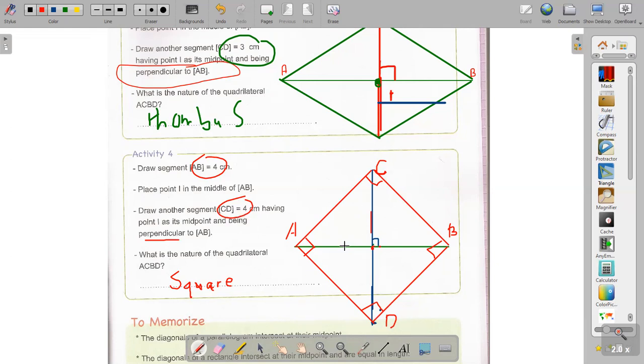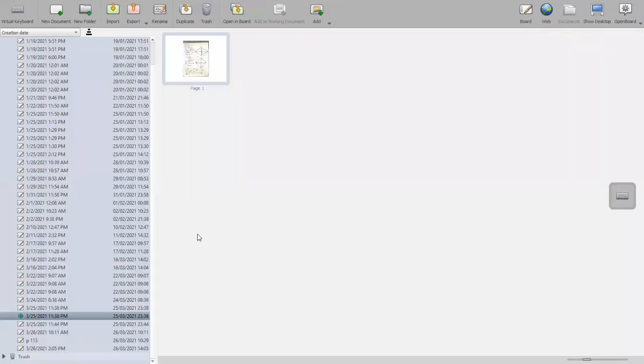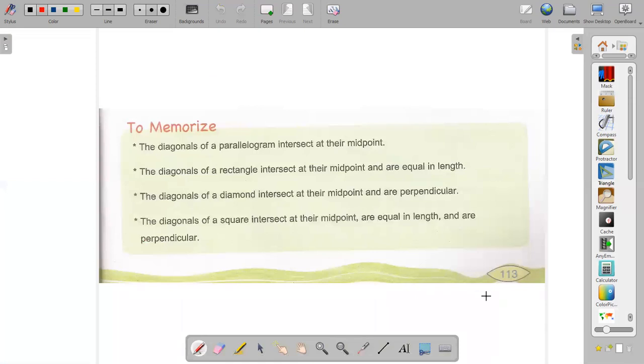So the diagonals of the square have more properties: they intersect at a midpoint, are equal, and are perpendicular. Okay, please, you have to study the properties that are written in page 100. These are the properties. The parallelogram's diagonals just intersect at a midpoint.